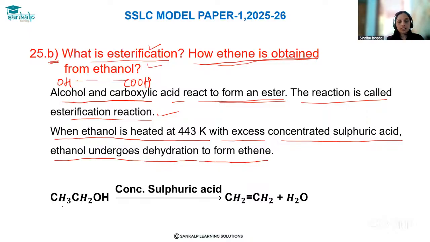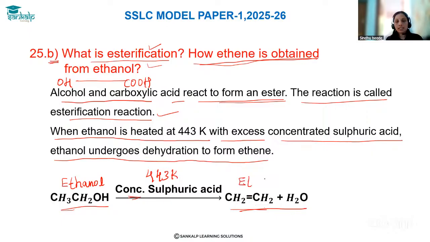Okay. See, this is the equation: CH3CH2OH, this is nothing but ethanol. This ethanol is heated at 443 Kelvin in the presence of concentrated sulfuric acid, which gives ethene, that is CH2=CH2.